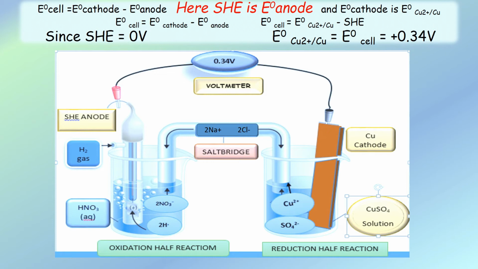I have already stated from the very beginning that among the two electrode potentials, the reduction electrode potential is taken for comparison. This is as per IUPAC regulation, so there is no confusion among the various laboratories.